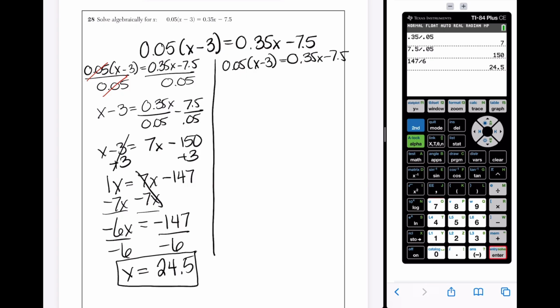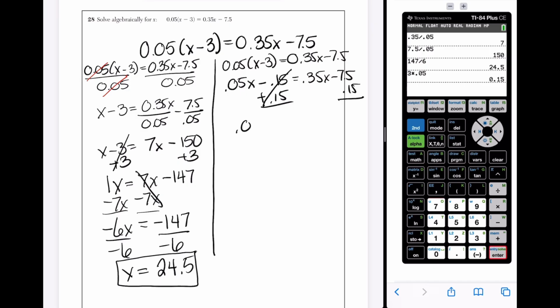So if I were to distribute, I would get 0.05x minus 3 times 0.05, 0.15 is equal to 0.35x minus 7.5. And now I still have to go and make decisions. Now automatically I have a ton of decimals here, and this is where I think a lot of kids end up making mistakes. And it's just more room for error.